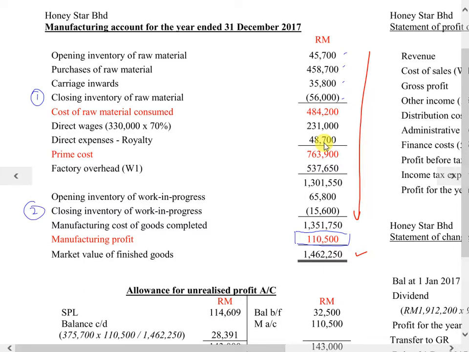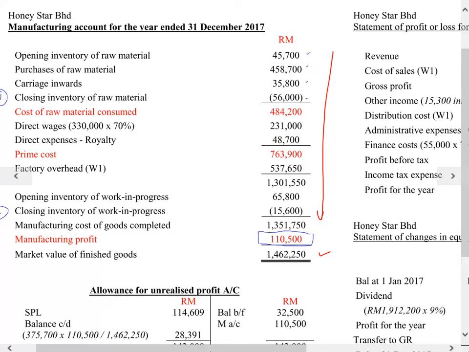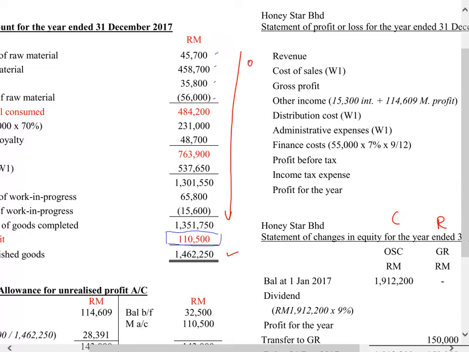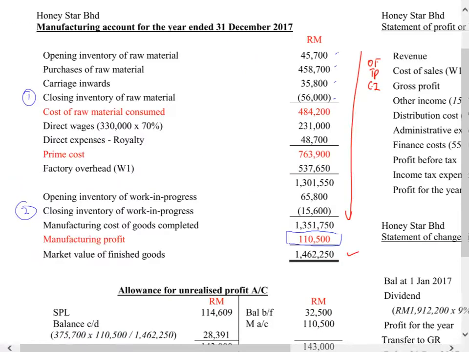What do you do with this? You have to transfer, right? But when you transfer to here, we have to show the opening finished goods plus the transfer and the closing. But we can't show it here. So what do we do? We show it as part of working: opening, transfer price, closing. So the working will be here.